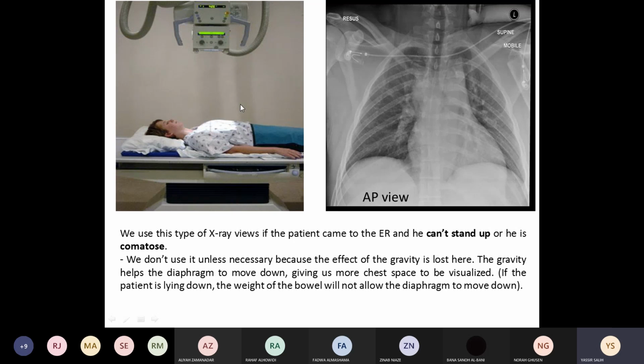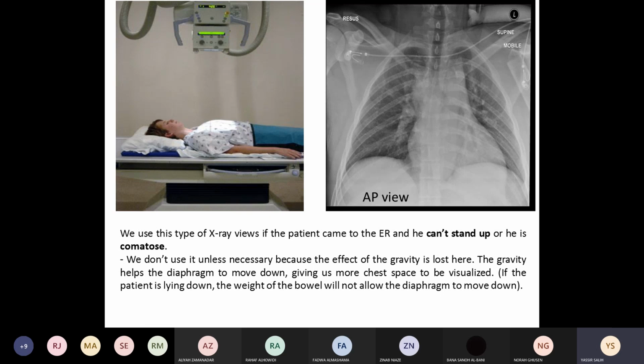So this is the AP view. The patient is supine and the X-ray enters anteriorly and exits from the posterior. And this is the result, the film when the patient is supine and AP. You can see this film is of bad quality compared to the PA film.